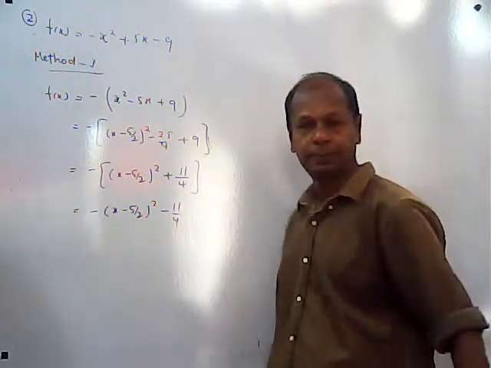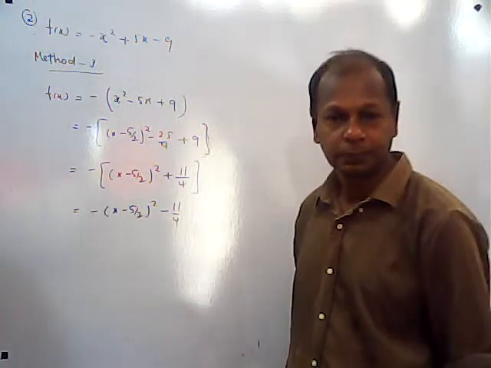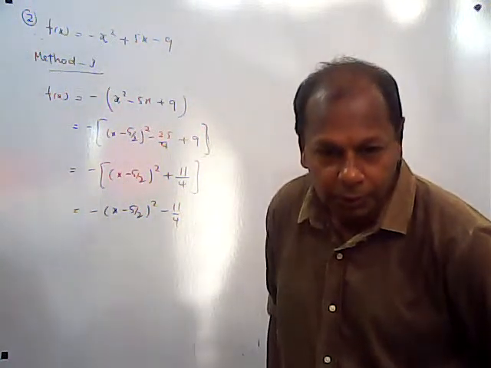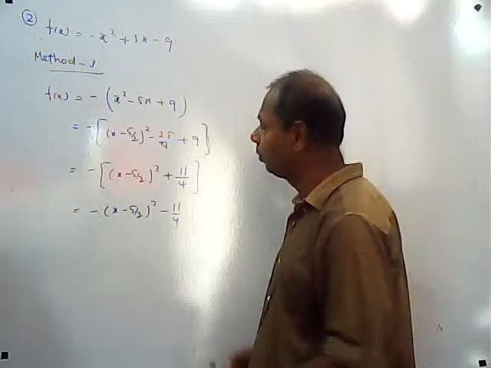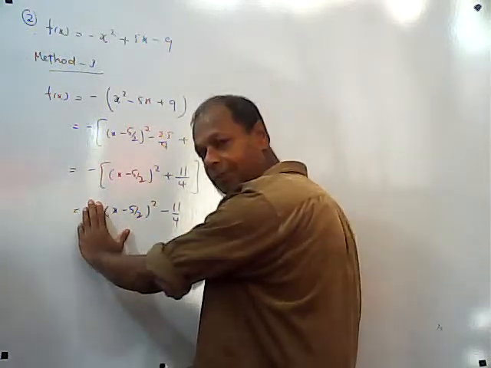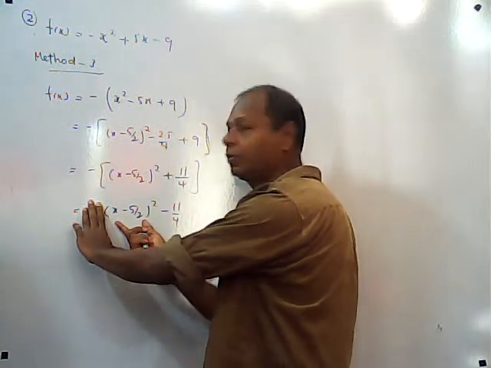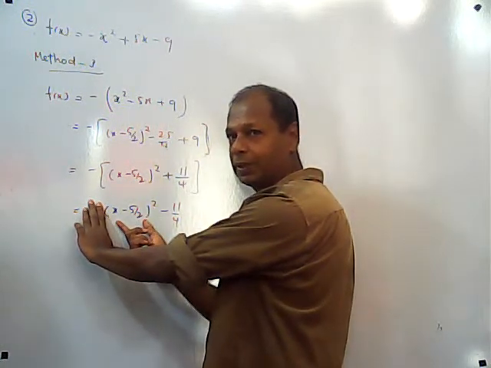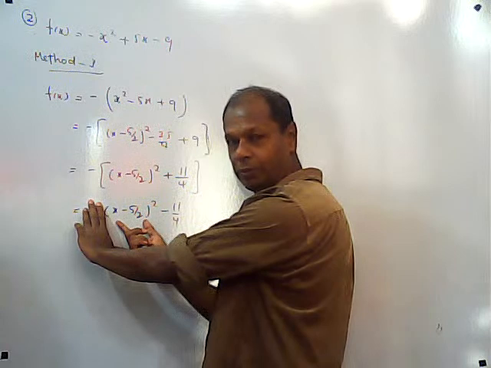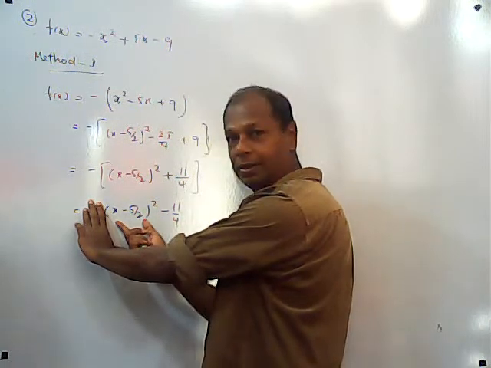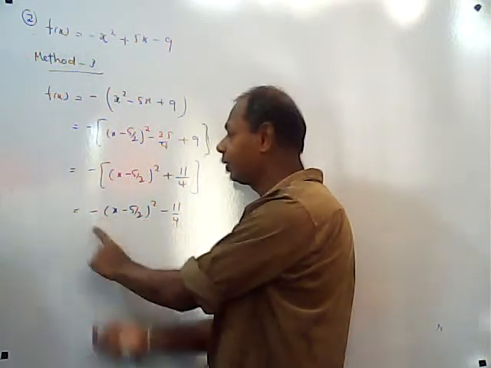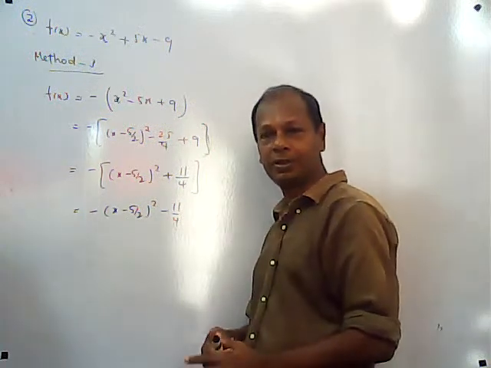Now our argument. Without this minus 1 in front, x minus 5 over 2 squared is greater than or equal to 0. Always for any x this is greater than or equal to 0. But what happens when there is minus 1 outside?